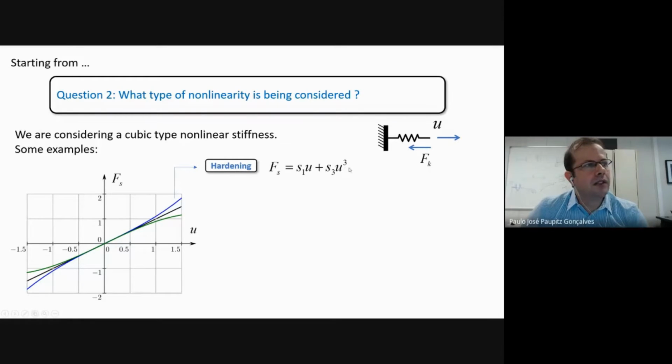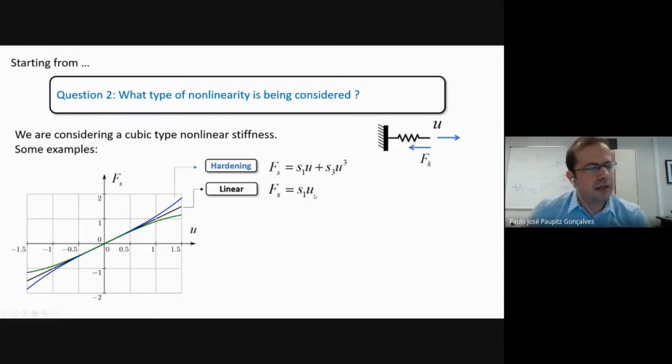And there is another term here that controls the nonlinearity. So this S3 is the nonlinear cubic stiffness. So when both of these coefficients are positive, we have this sort of hardening effect. So as we stretch the spring, it gets harder to deform. So that's why we call it hardening.